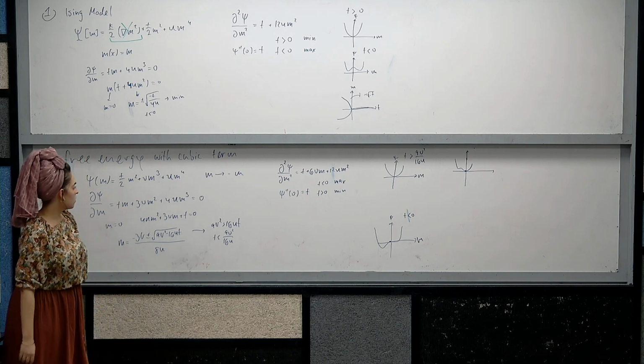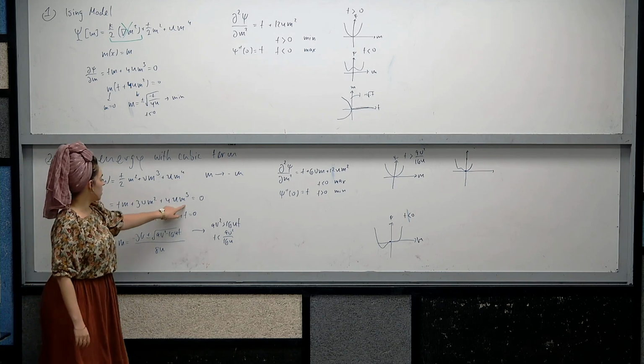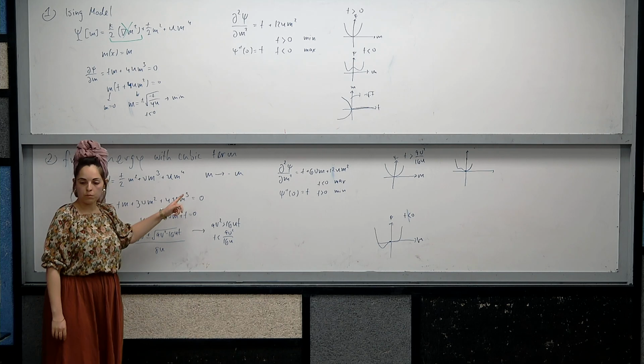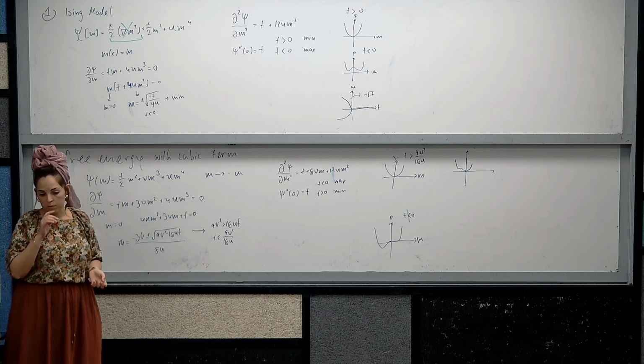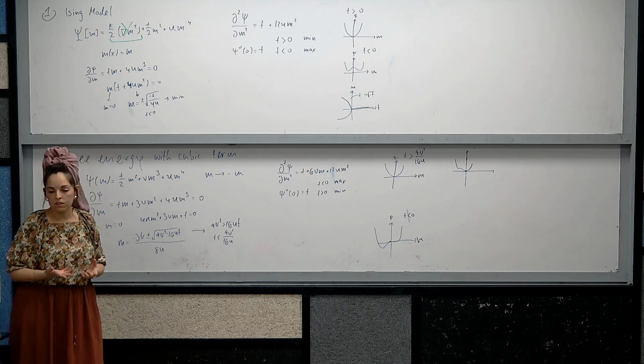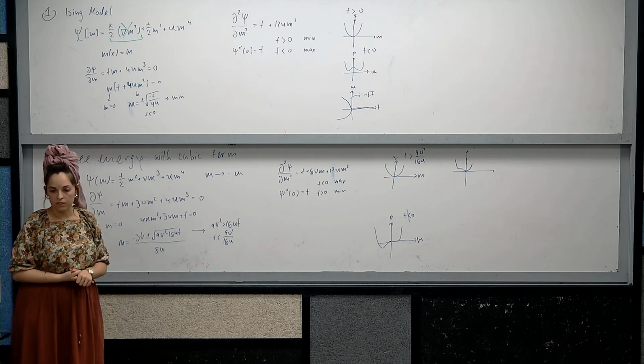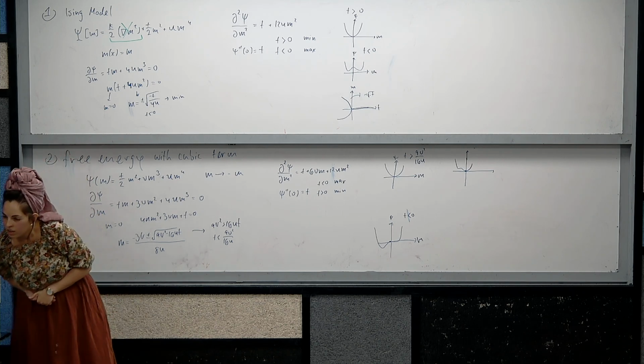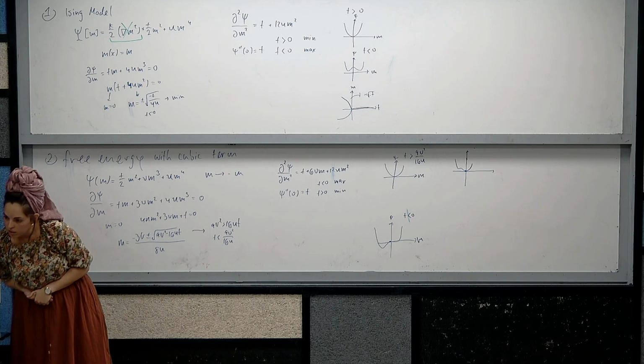Yeah. This is an equation with m to the third. You can solve it, but it's not relevant enough to find right now. So we need to think if the minimum is m equals 0 or anything else.